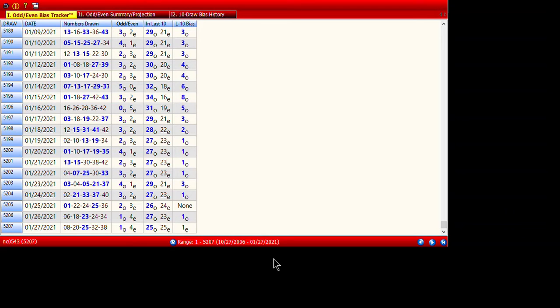I'm gonna try to make some macros for my game, because it's interesting. My Pennsylvania game also is a 5 of 43, so some of the patterns are very similar, or should be similar anyway.